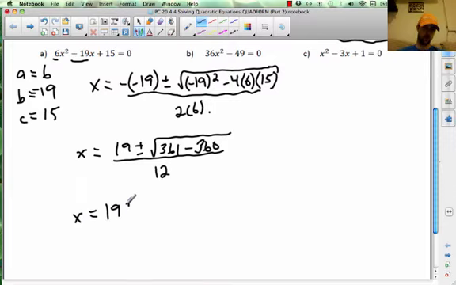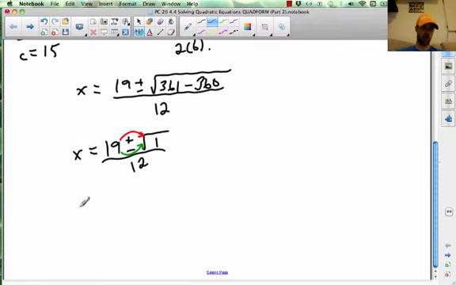So, under your root sign you have 361 minus 360, which of course leaves you with the root of 1, all over 12. And remember, we have two paths here: 19 plus root 1 divided by 12, and 19 minus root 1 divided by 12. These represent two different solutions for x.